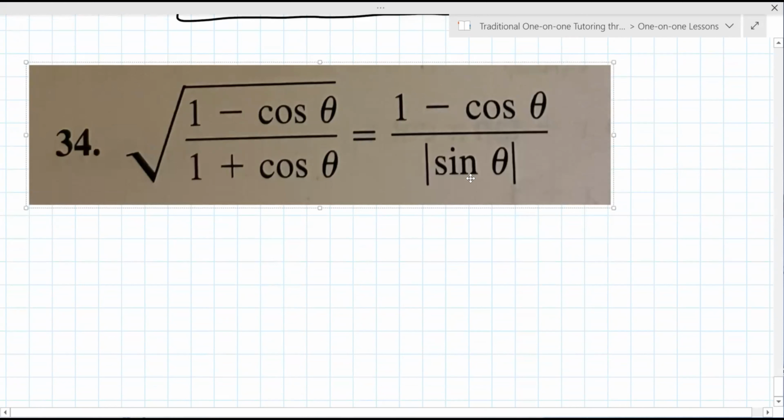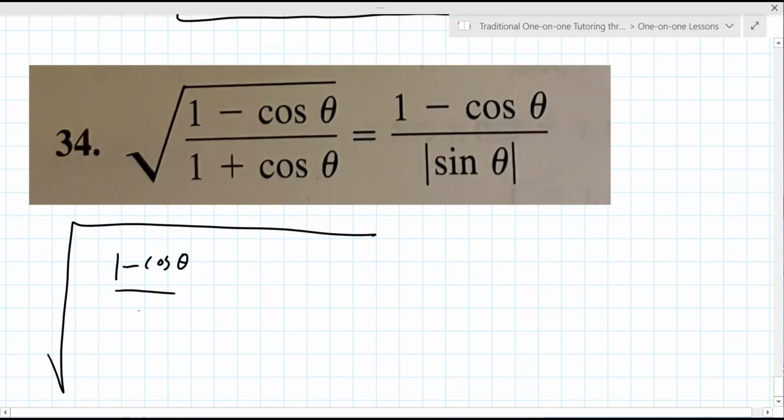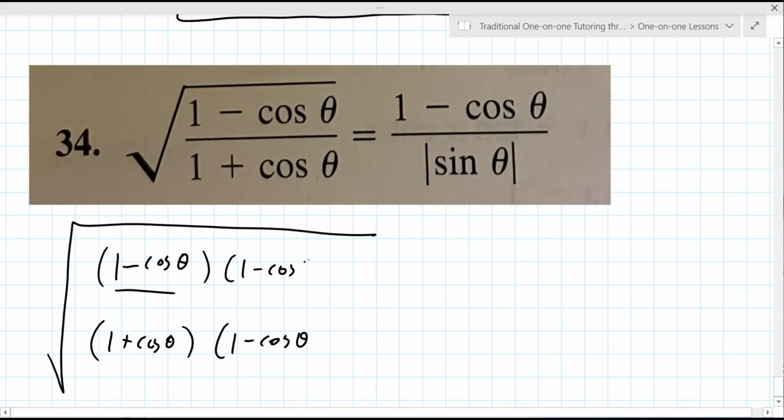We'll talk about that. So I mentioned before that the approach for solving these is often the conjugate. So you're probably distracted by the square root. The square root's gonna be there most of the time. It's 1 minus cosine theta over 1 plus cosine theta, but you're gonna multiply the top and bottom by the conjugate, 1 minus cosine theta.